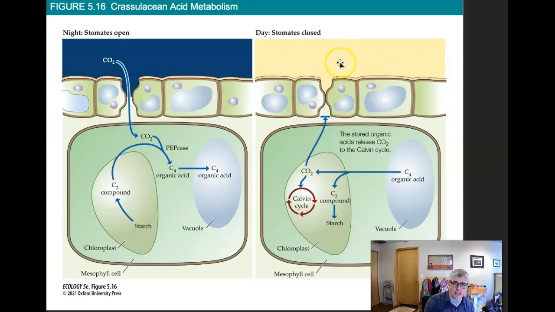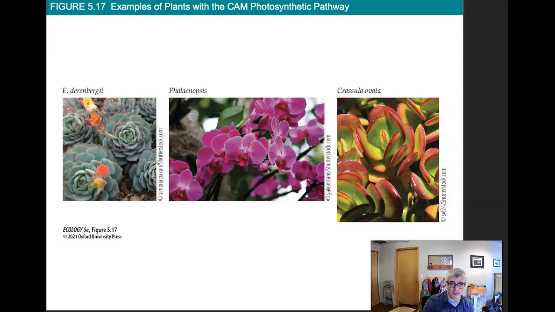And then during the day when the stomate's closed, that organic acid is brought over to the Calvin cycle, where it's converted into starches. Here are some examples of succulents.